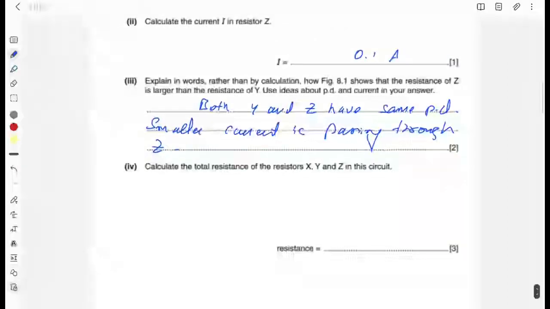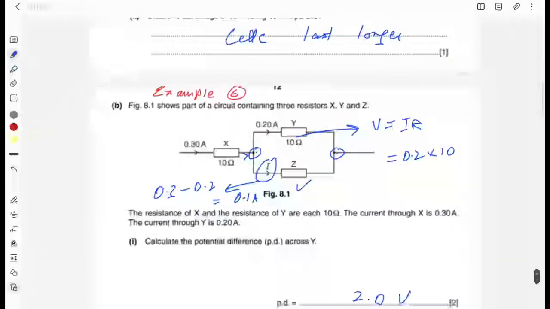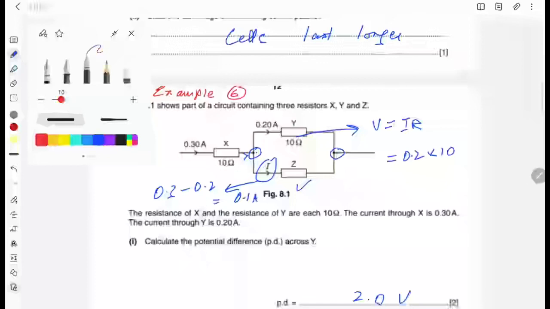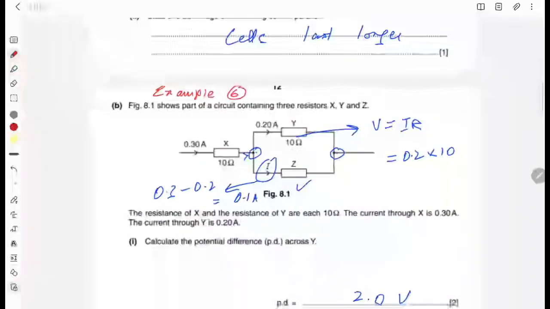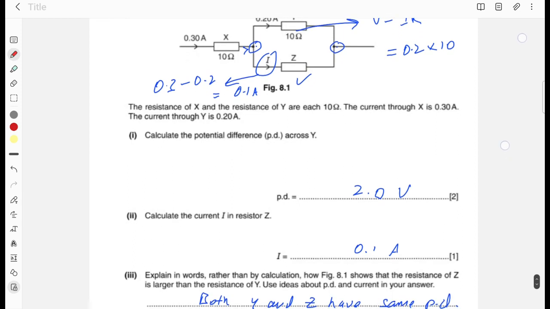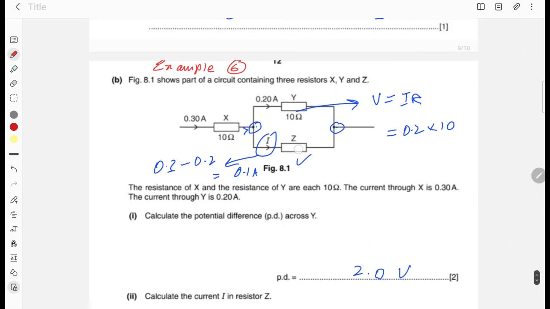Now you have to find the total resistance of the resistors X, Y and Z. First of all, you have to find the resistance of Z. You can use V equals IR, and R equals V over I. The potential difference of Y is 2 volt and Z is in parallel, so Z also has 2 volt.